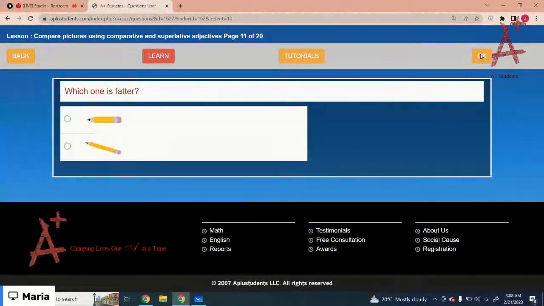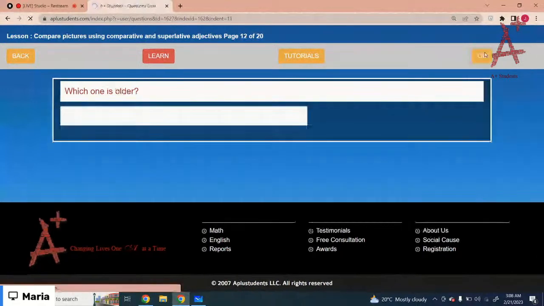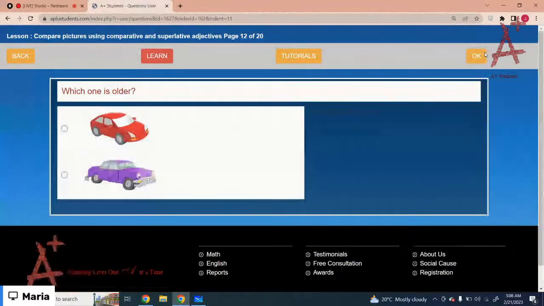Which one is fatter, the first one or the second one? Which is fatter? Yes, the first one is fatter. Which is older, the first one or the second one? Obviously, the second one is older. Got it? The first one is the new one.